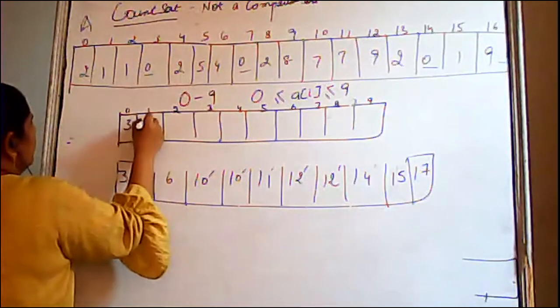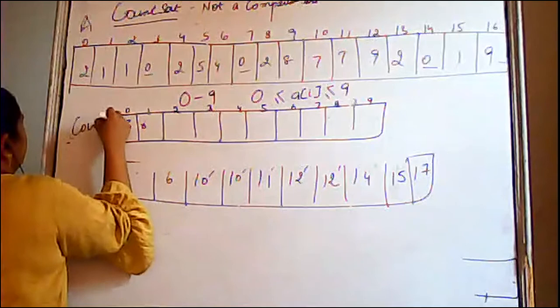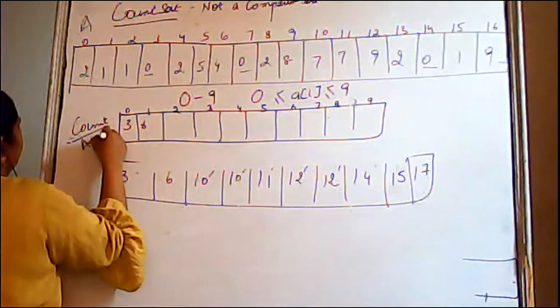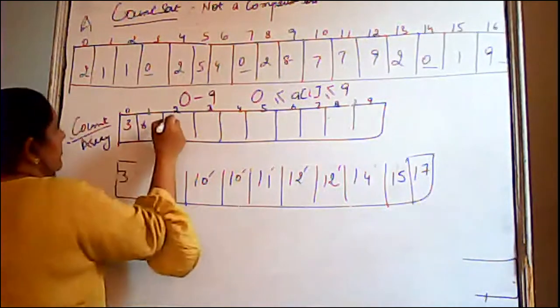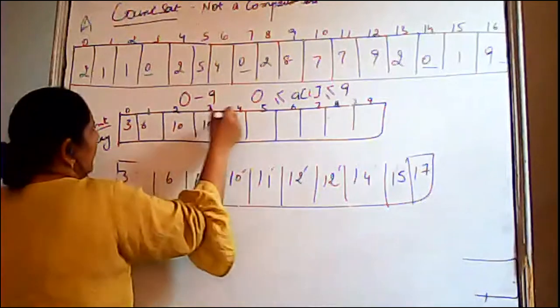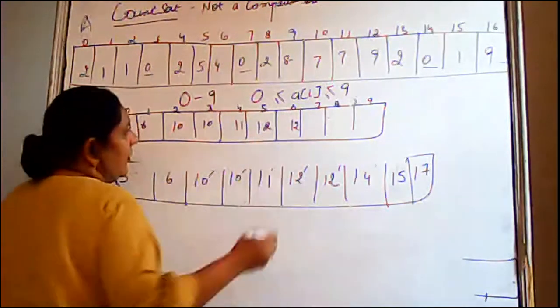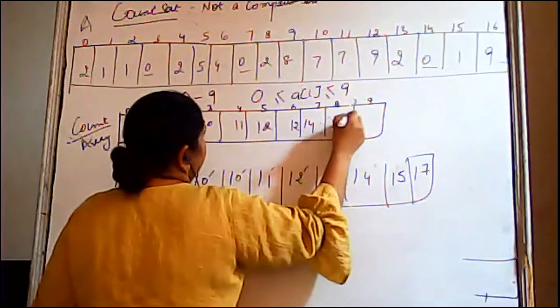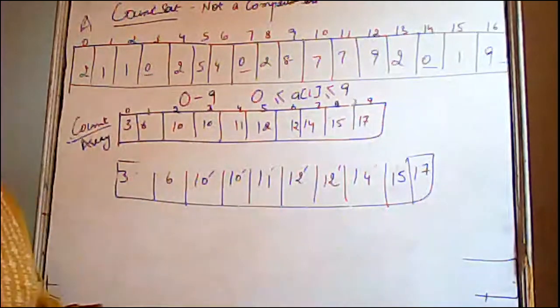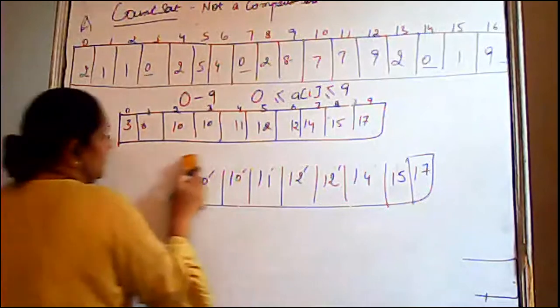So write down these numbers here. Count array. Just name it as count array. 3, 6, 10, 10, 11, then 12, 12, 14, 15, and 17. Then I've just copied the contents from the previous array.